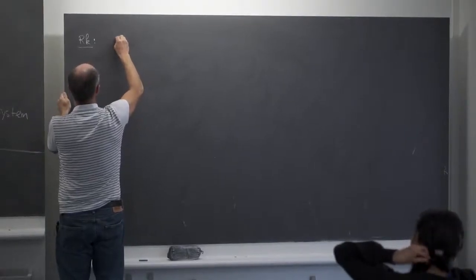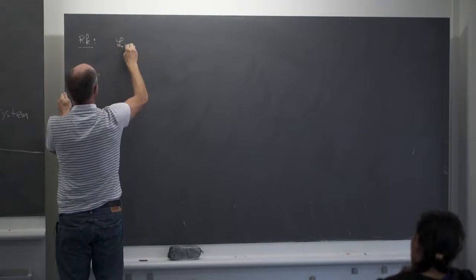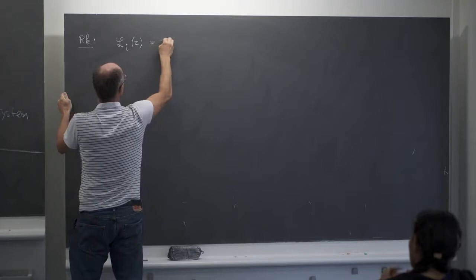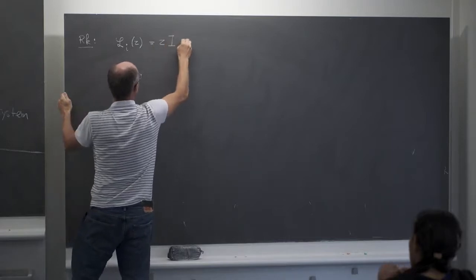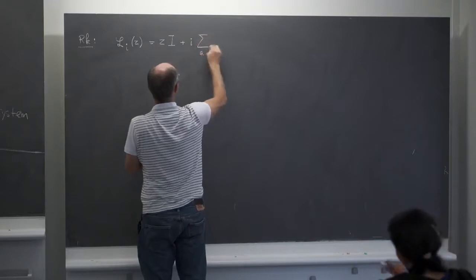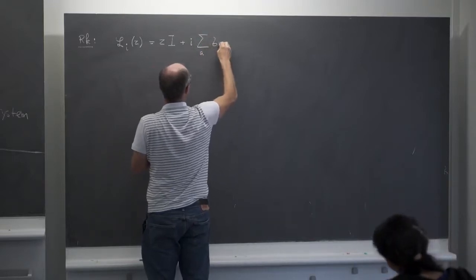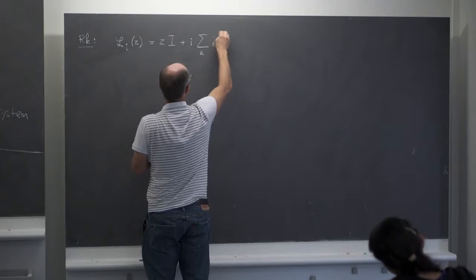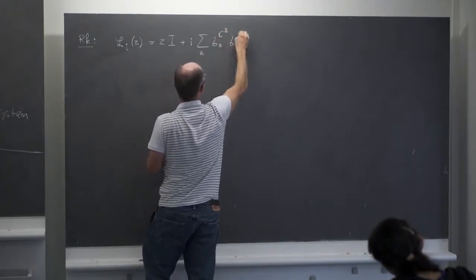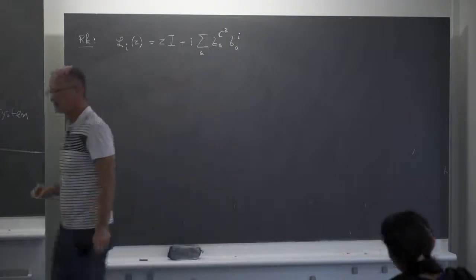Let me recall that L_i(z) is equal to z times 1 plus i, and here some array sigma_a tensor sigma_a^i.